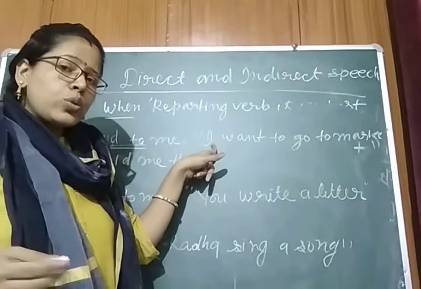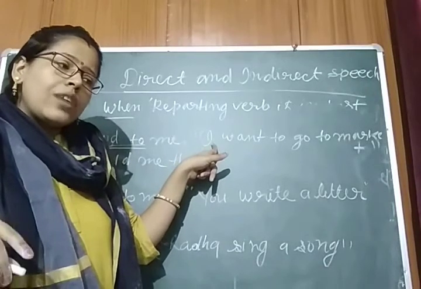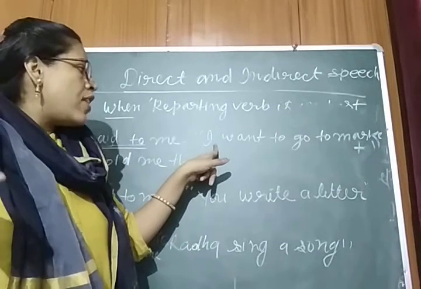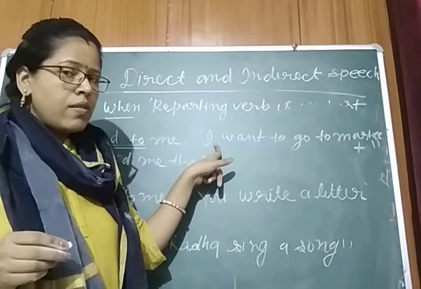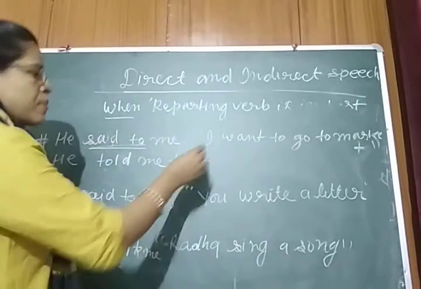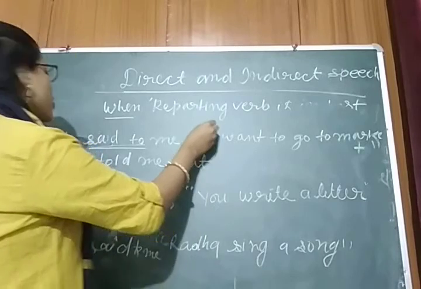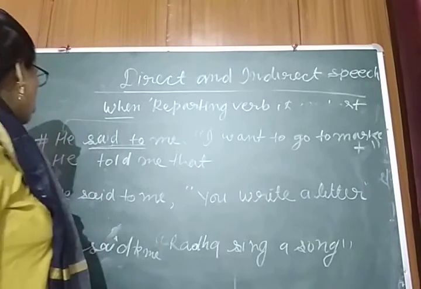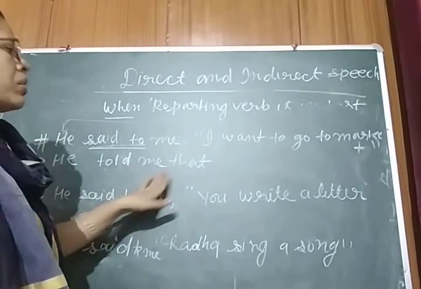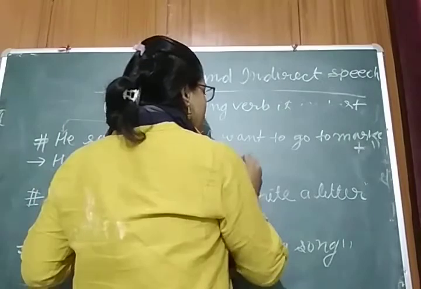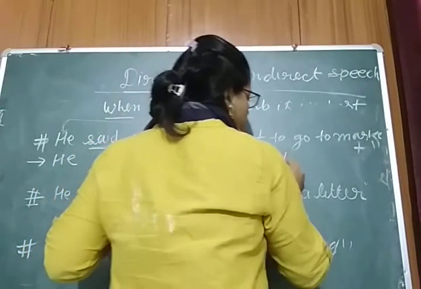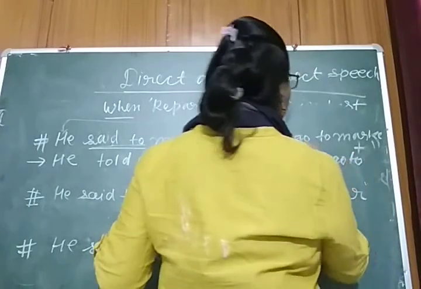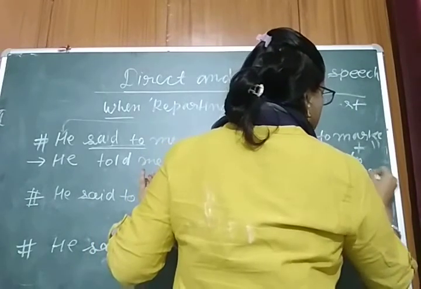I told you when I was teaching you about the SON formula that if the first person is given, it will be changed according to the subject. So what is the subject over here? The subject is he. So I will write, he told me that he wanted to go to market.